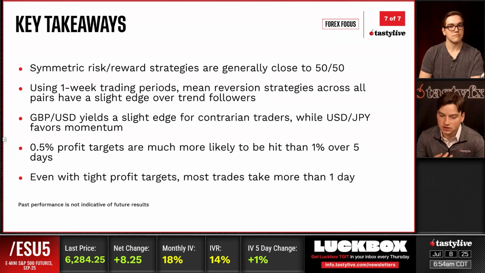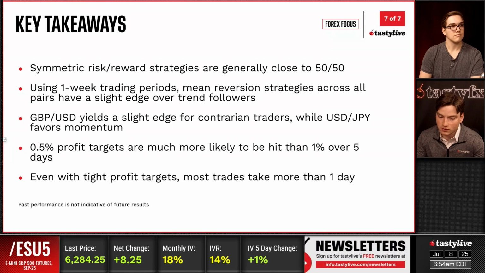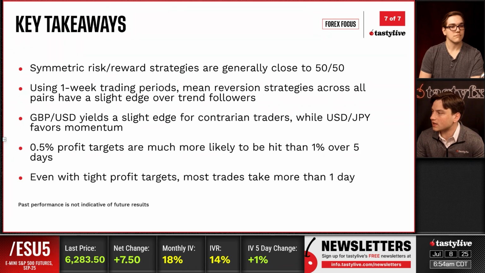And those have seen a lot more success hitting your price targets with 0.5% bands than 1%. Now you could play with the actual time period. Perhaps if you have 10 days, then 1% is absolutely in play, but over 5 days. And what was surprising to me is that even with those tight ranges, trades are taking more than a day on average. Any other key takeaways for you, Mike?